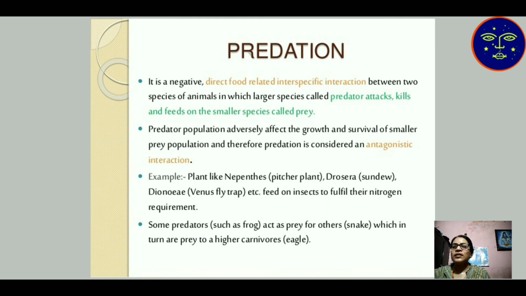Predator populations adversely affect the growth and survival of smaller prey populations, and therefore predation is considered an antagonistic interaction. Example plants like Nepenthes, Drosera, etc. Some predators act as prey for others, which in turn are prey to the higher carnivores. Eagle.